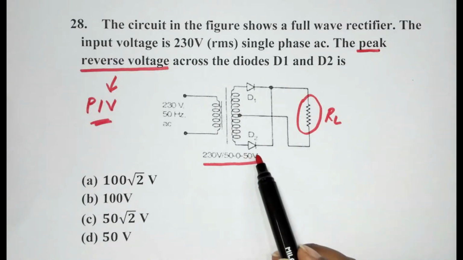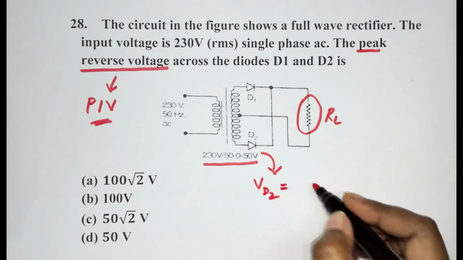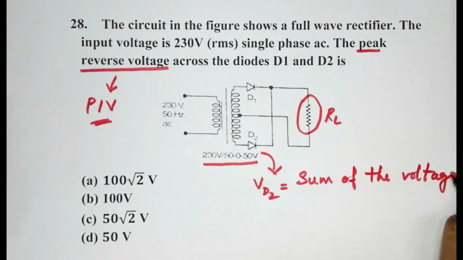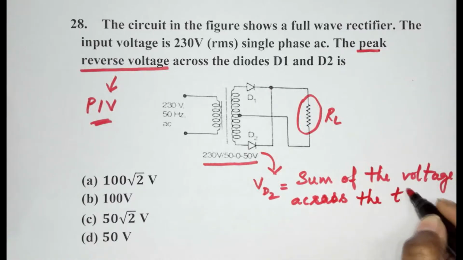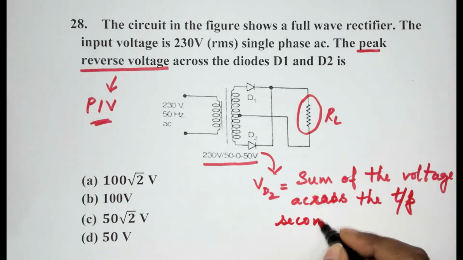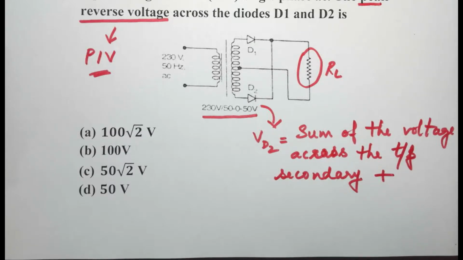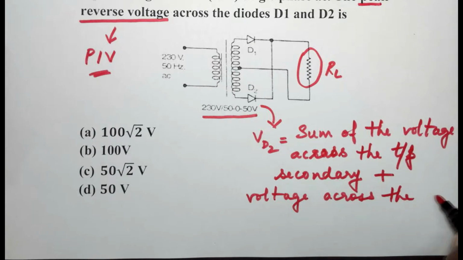So in reverse bias what happens is the voltage at D2 is the sum of the voltage across the transformer secondary and the voltage across the load resistance RL.